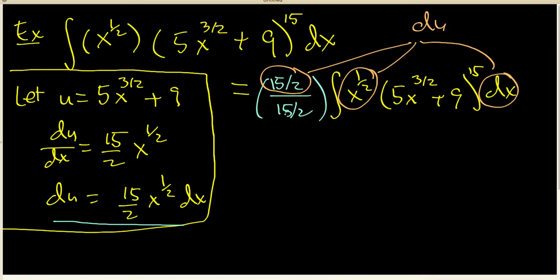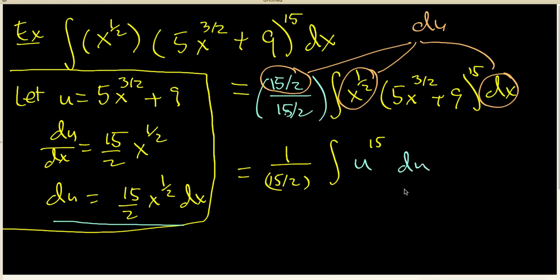And what's left over is 1 over 15 halves times the integral of u to the 15 du. And let me be consistent and make that du the same color as the u.